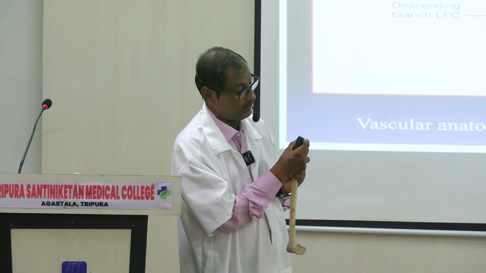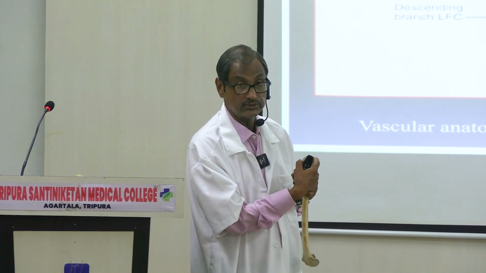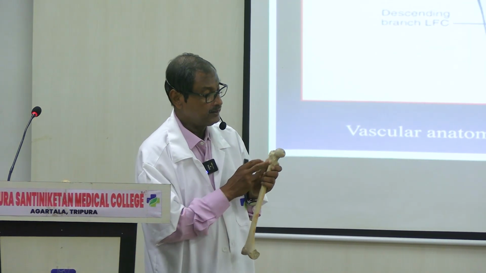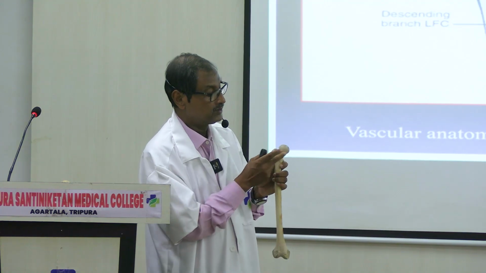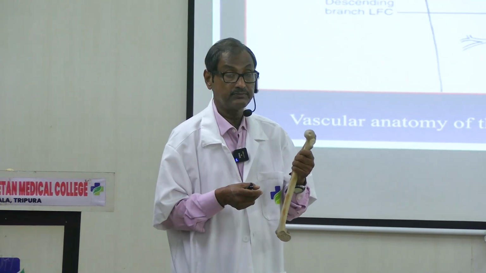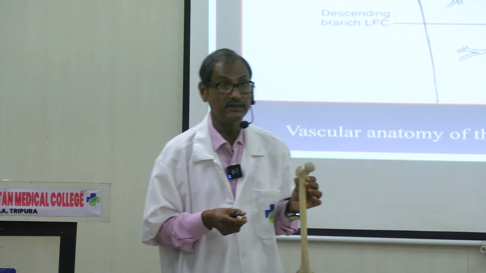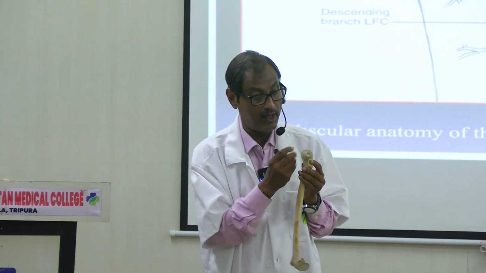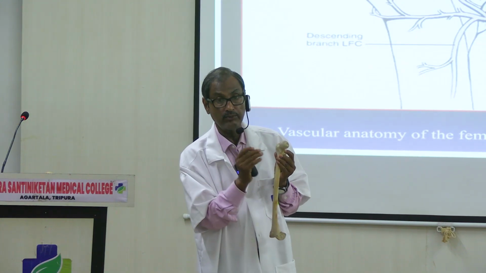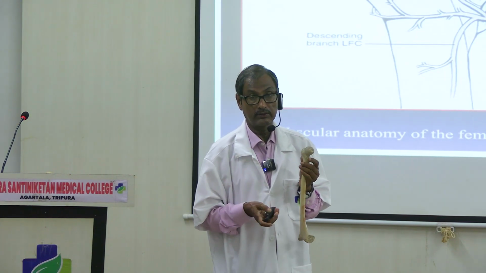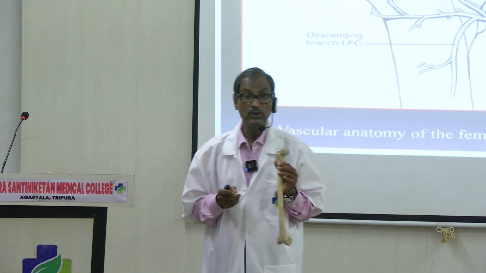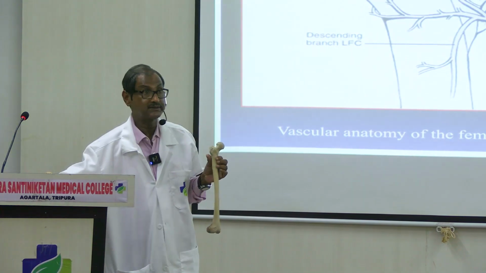The anastomosis vessels go above from here, and there is another plexus. Inside the capsule there is synovium, and inside the synovium there is another plexus called the subsynovial plexus of Chung.